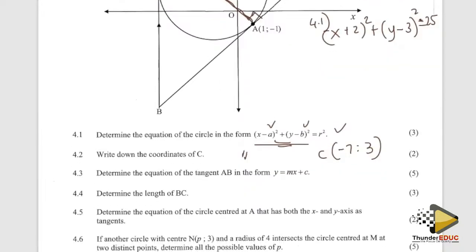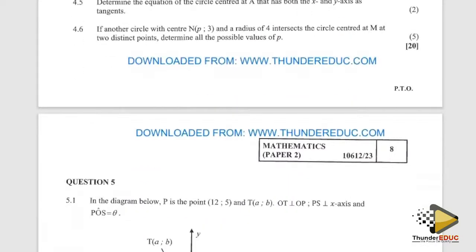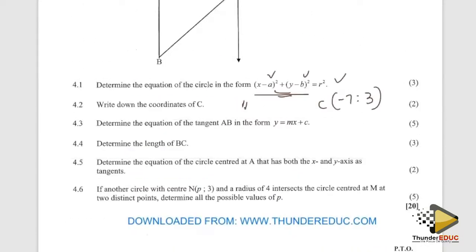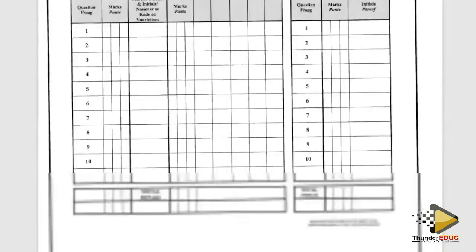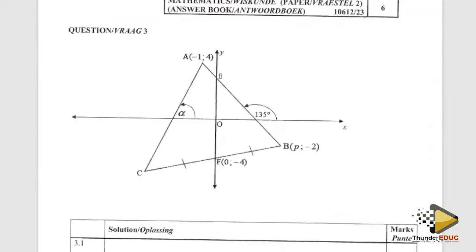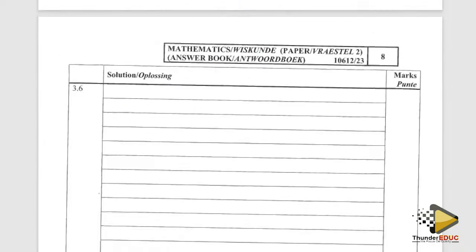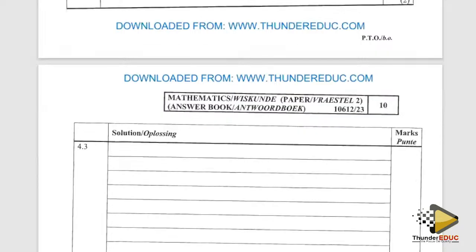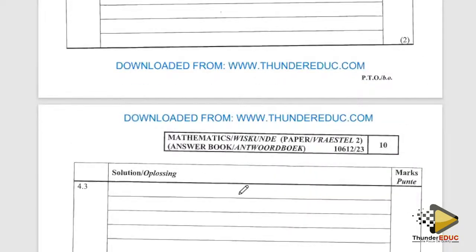Okay, so let me do this. I need enough space. Let me just take it to, say, 4.3. So they're telling us to get the gradient of AB. But we know we need the gradient of MA first, where we look at change in y over change in x.